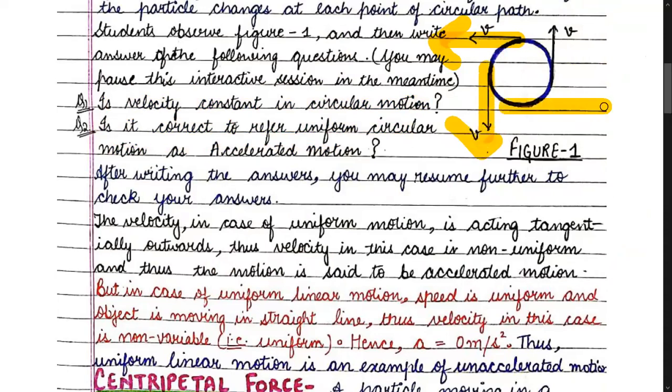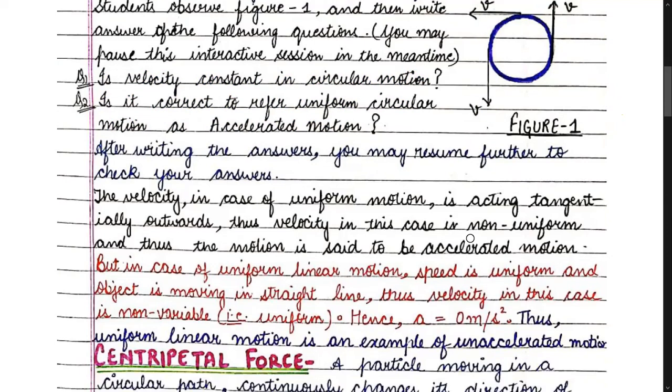Since the velocity is always acting tangentially outward, the direction of velocity or direction of motion is continuously changing, due to which the velocity is variable in figure 1. And if it is variable, acceleration will not be zero, and hence it is also known as accelerated motion.